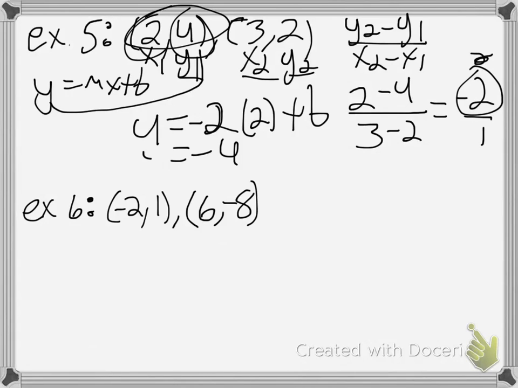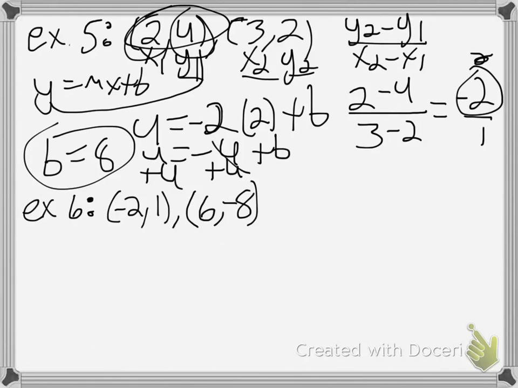So 4 equals negative 4 plus b, add 4. So we know that b equals 8. We have our slope and our y-intercept, so all we've got to do is put them back into our equation. We end up with y equals negative 2x plus 8.